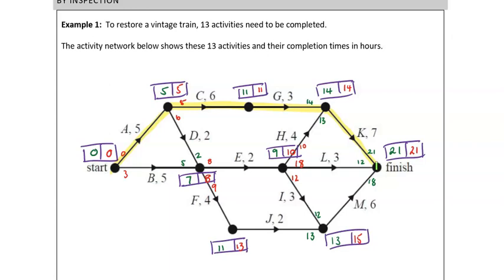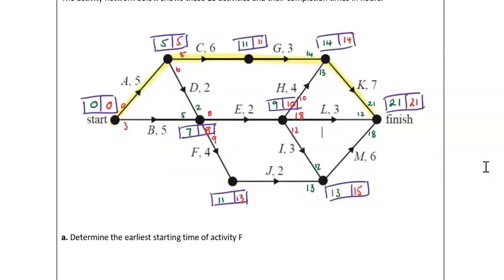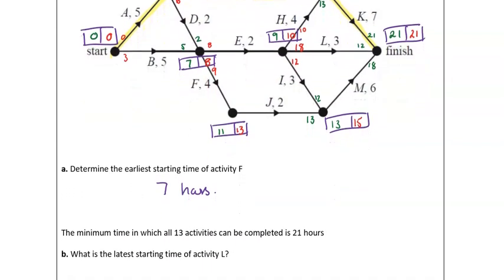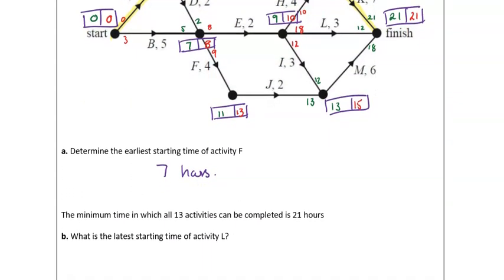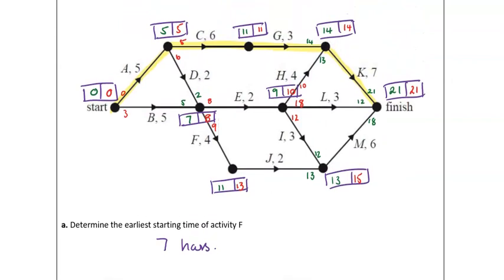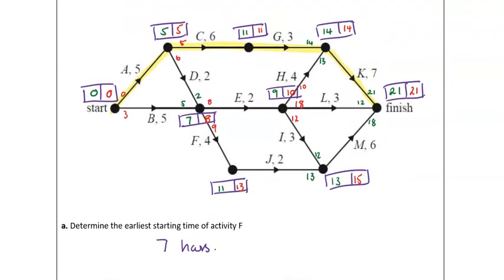So now answering those questions, the earliest start time for activity F. So looking at activity F, the earliest start time in green is 7, and this was in hours. The latest start time for activity L, so going back to L, and here this is where it's important to look at the red value for L. So at the start of L, what was the number working backwards in the backward scan?